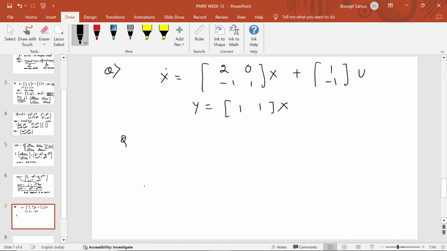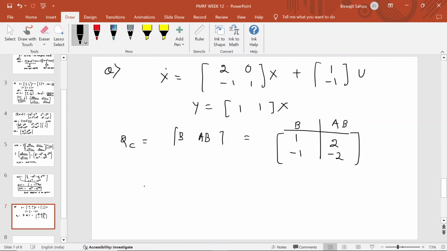So for controllability, as I told you, find out a matrix called the controllability matrix, which is nothing but B and AB. So form B and AB. Here [1, -1] is B. Then A multiplied with B gives AB, which will be [2, -2].